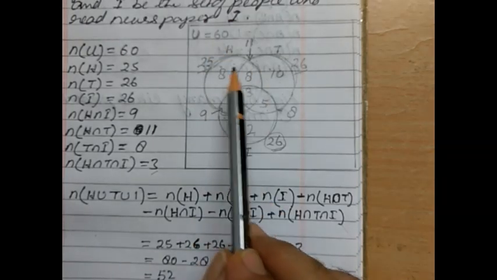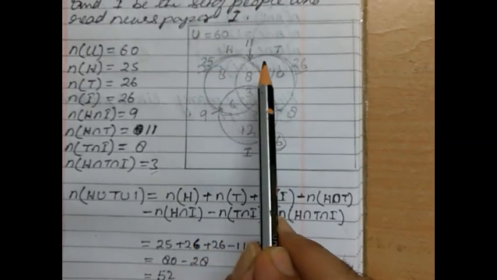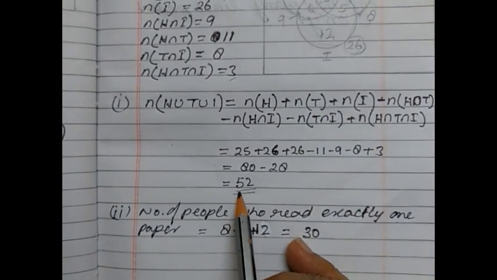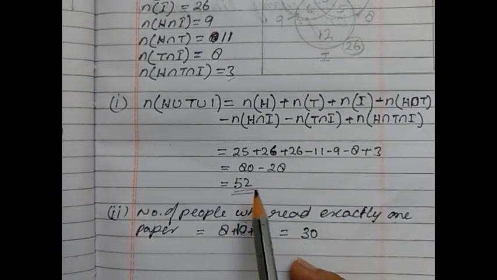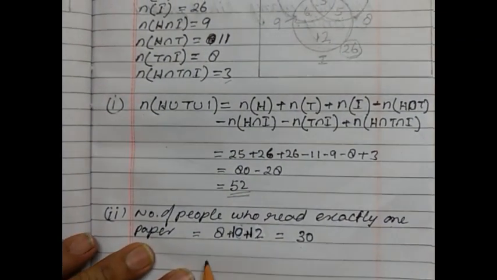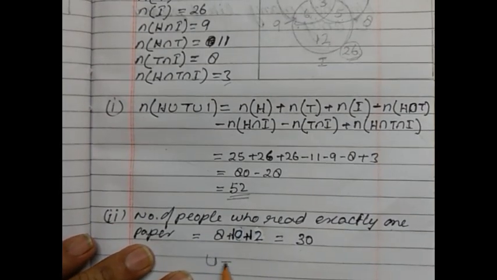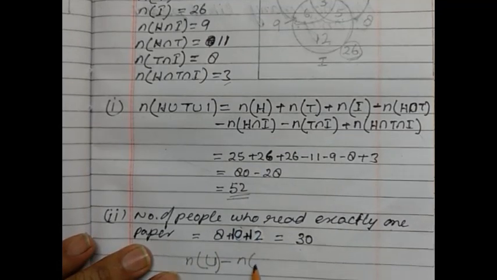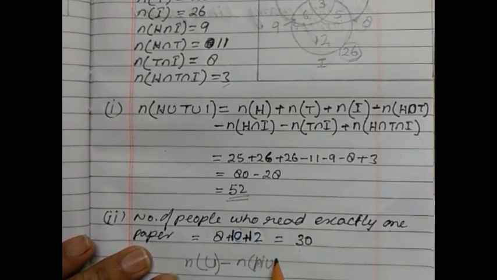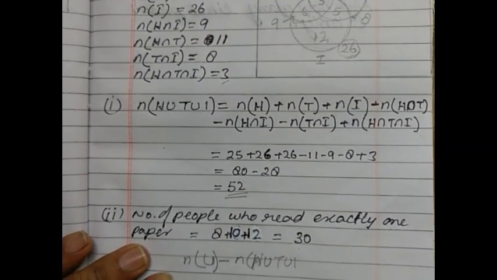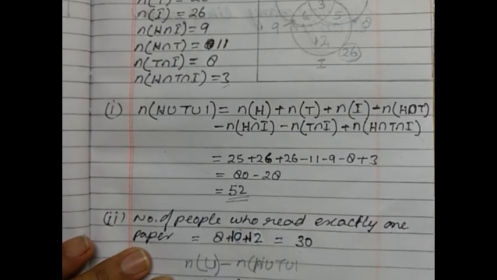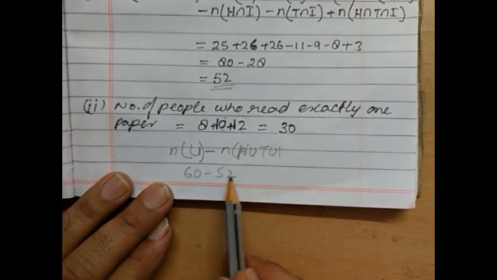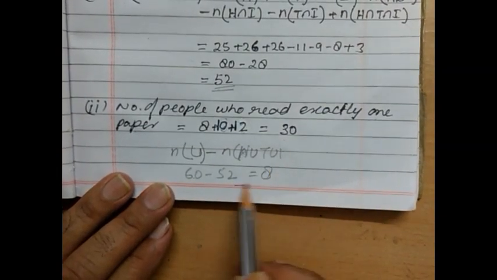The universal set minus H union T union I. We have found H union T union I to be 52, so we subtract it from the universal set, that is the cardinal number of U minus the cardinal number of H union T union I. So we get 60 minus 52, that will be equal to 8.